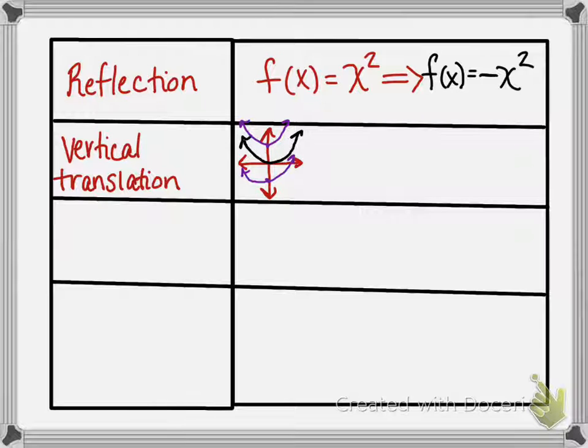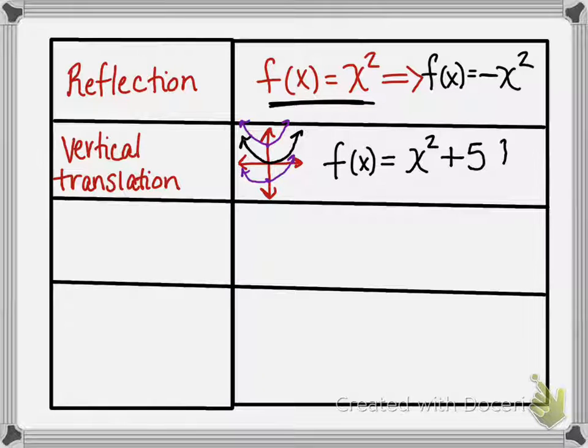I know that's not a great picture, but in order to get that, I'm going to start right here with my parent function. I'm going to transform that into something like this, x squared plus 5. This is a vertical shift up. If I did f of x equals x squared minus 5, that would be a vertical shift down.